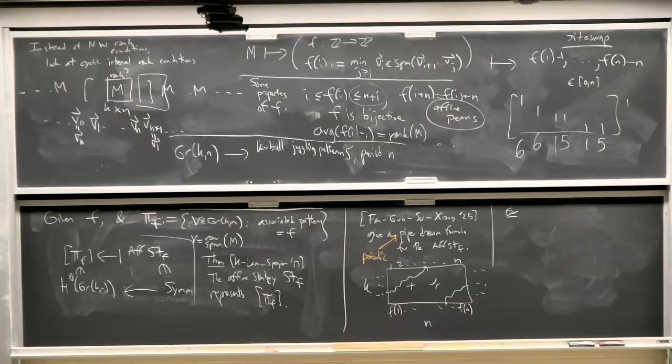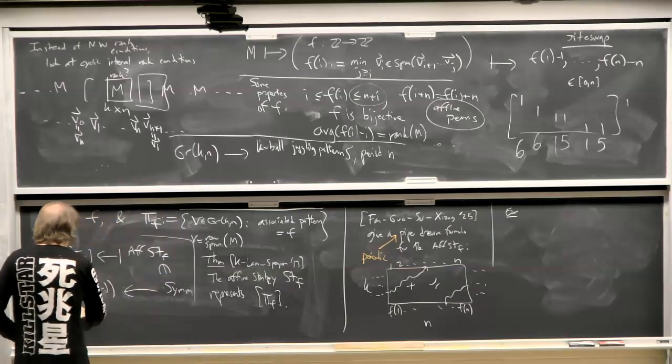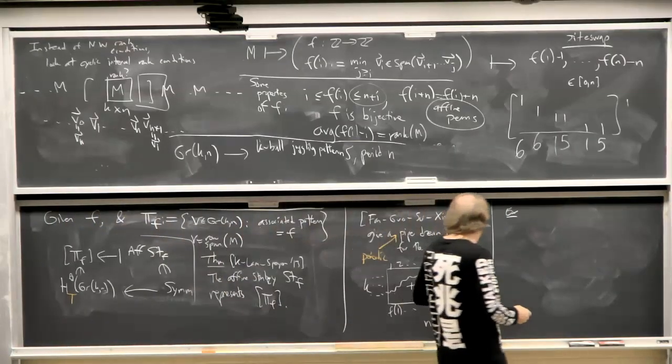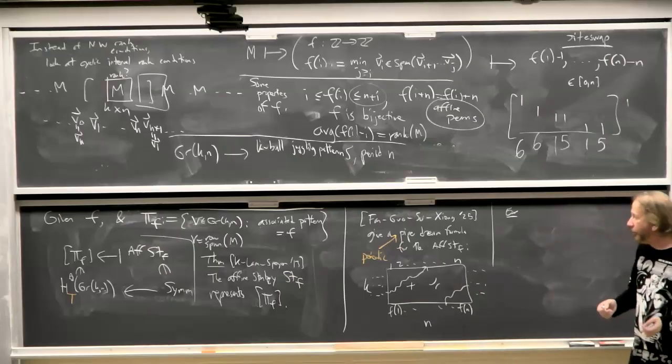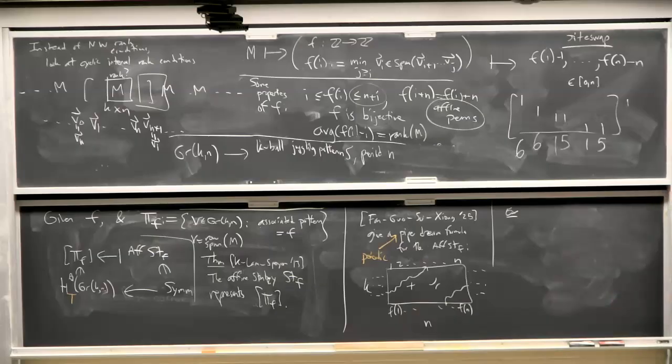You add those up. All this stuff can be done T-equivariantly. And you get a polynomial in x's and y's that represents the class of the positroid variety.